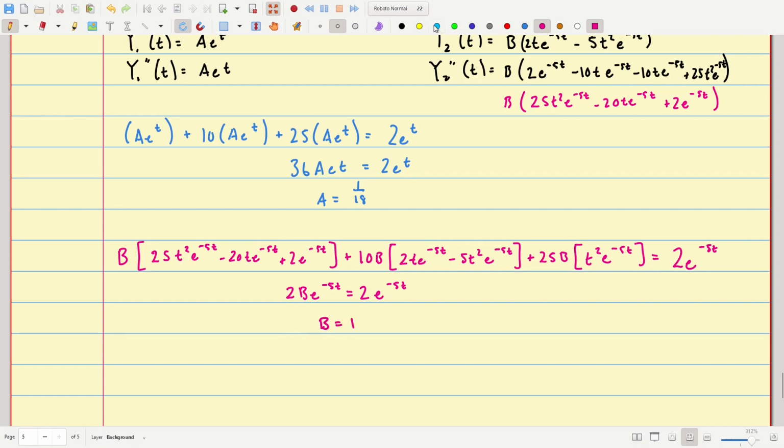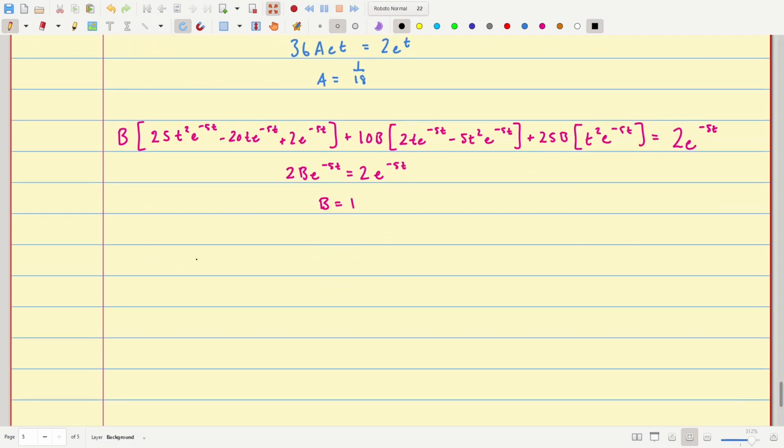Therefore, b is equal to 1, and we can write out our full solution. Starting with the fundamental solution to the homogeneous equation. And finished off with our two components for the particular solution.